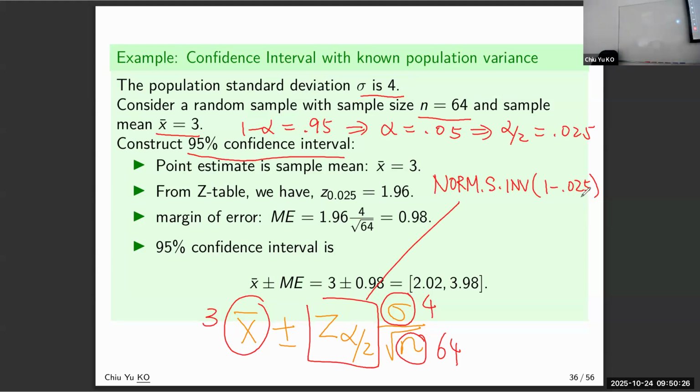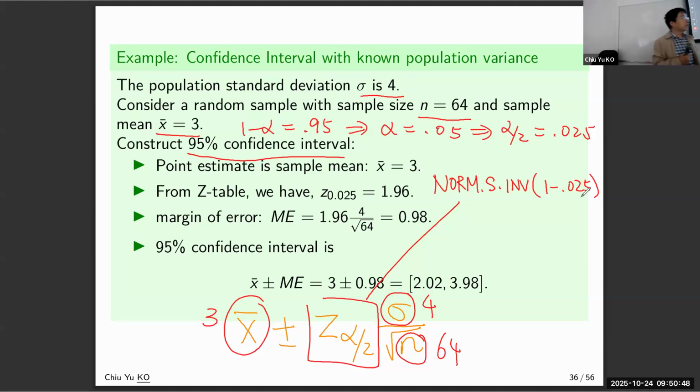So you just plug in all the numbers there. But roughly speaking, it's just 2 times this, which is the standard deviation of the sample mean. Remember this, this is the standard deviation of the sample mean.